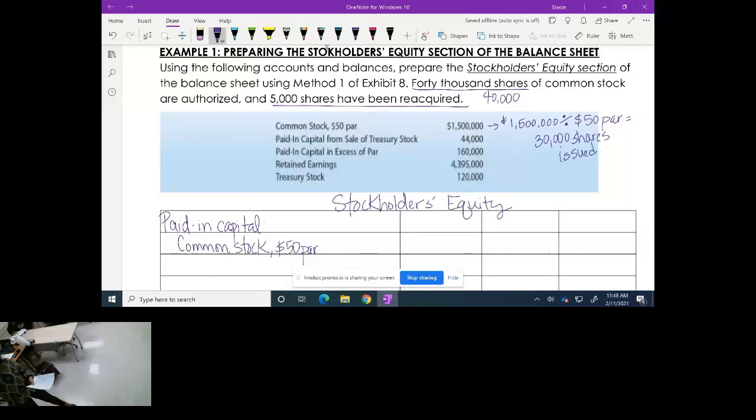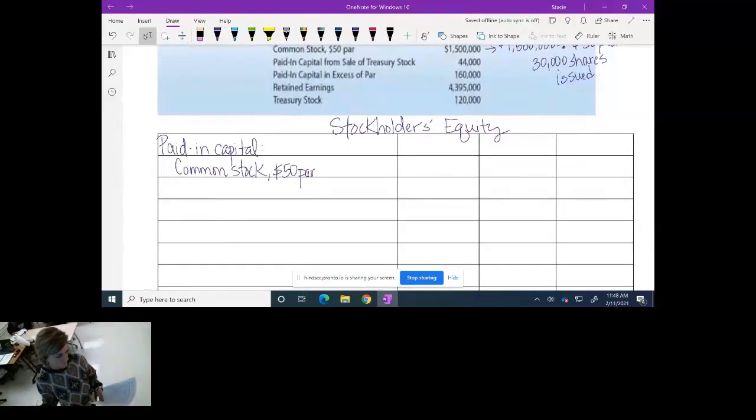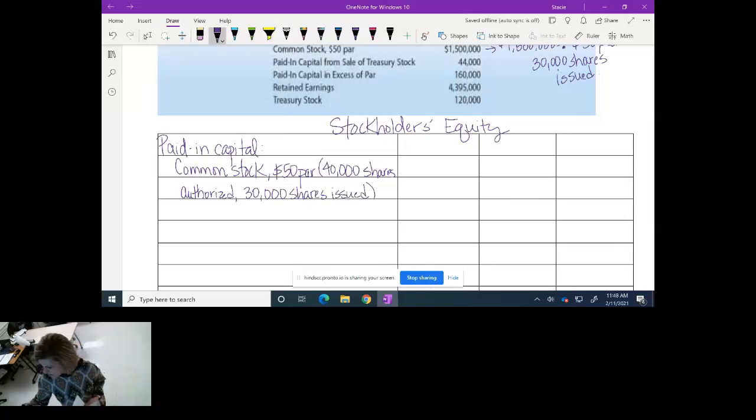All right, so that's part of our description here. We have 40,000 shares authorized, 30,000 shares issued. What does issued mean?